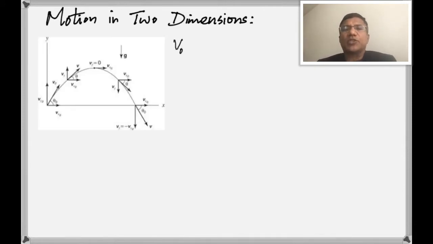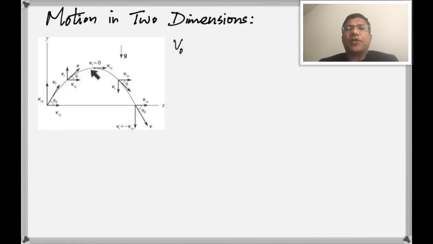So that is what is shown in this diagram. You see that the velocity has two components. But if you watch, you see that the length of the horizontal component is always the same. It does not change. But look at the vertical component. It first decreases.